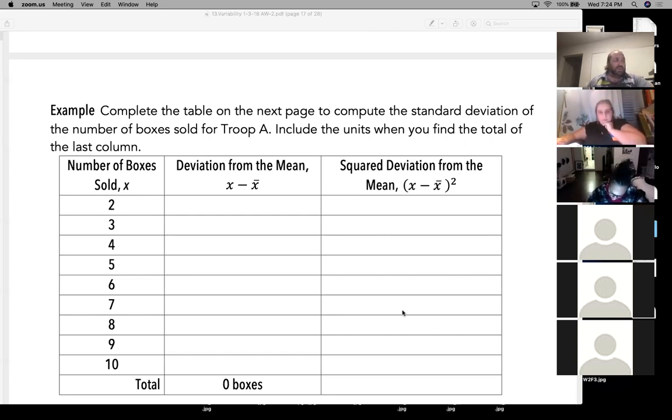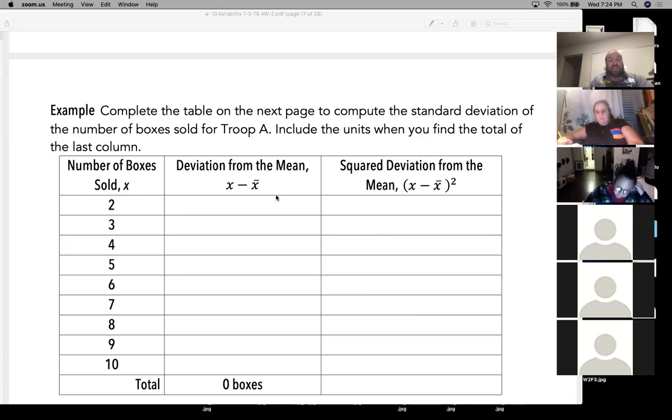Okay, so here we have troop A. Troop A, if you recall, was 2, 3, 4, 5, 6, 7, 8, 9, 10 with a number of boxes sold, right? Very spread out, correct? Remind me, what was the mean again? The mean was 6. So how far is 2 from 6? What is 2 minus 6?